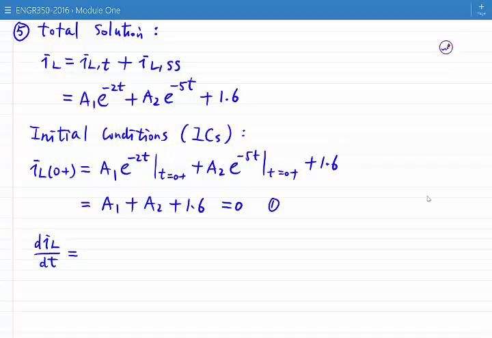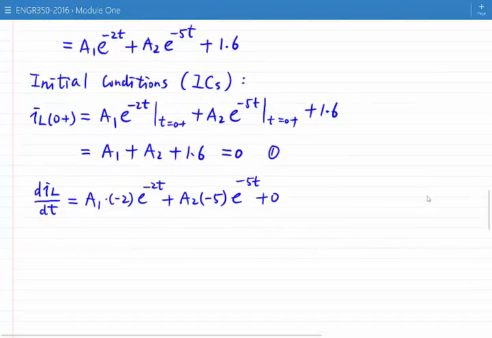We know the IL formulation, so let's take the first derivative. It is equal to A1 times -2 times e^(-2t) plus A2 times -5 times e^(-5t) plus 0, since the derivative of 1.6 is 0.